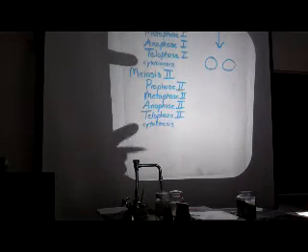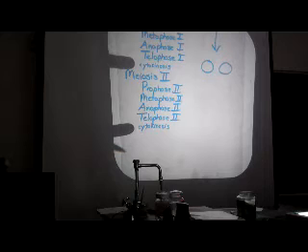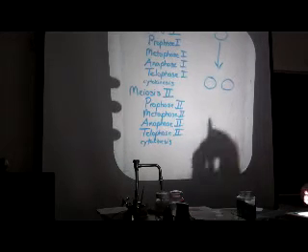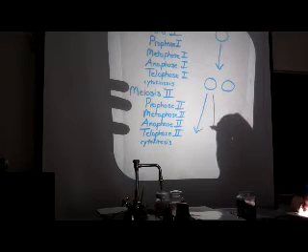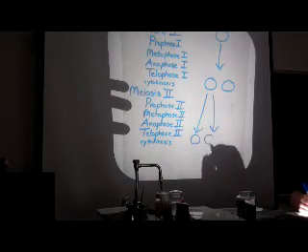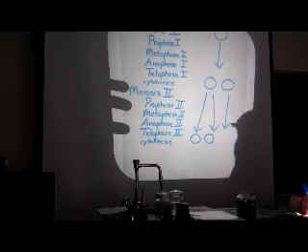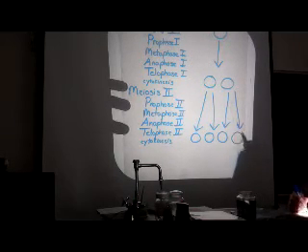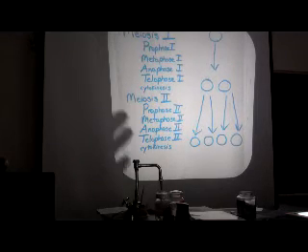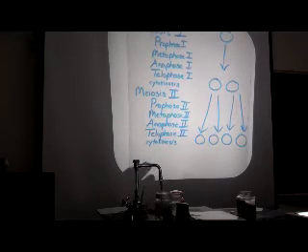So you can see, you have 2 sets of cytokinesis. You start off with 1 cell, and each cell is going to undergo another cytokinesis, and you're going to get 4 cells. So that's where the 4 cells come from. Literally, you have 2 sets of divisions of cells.